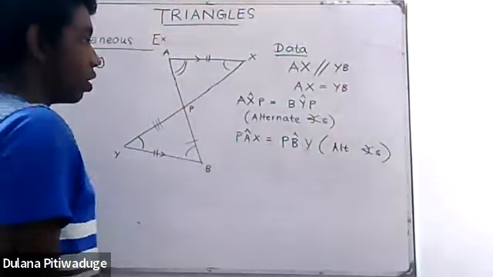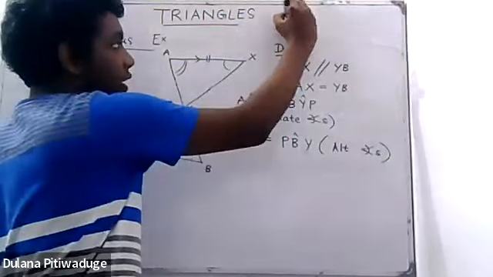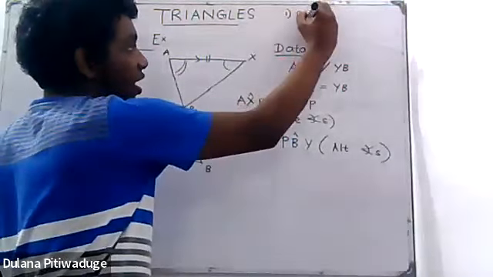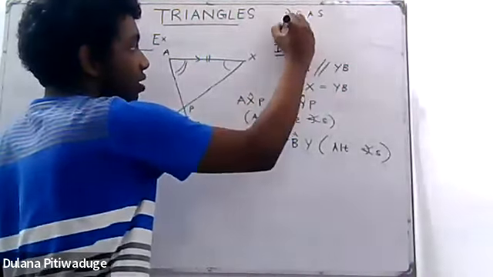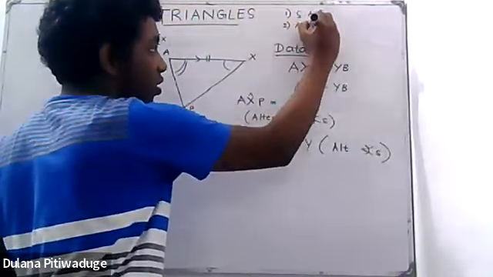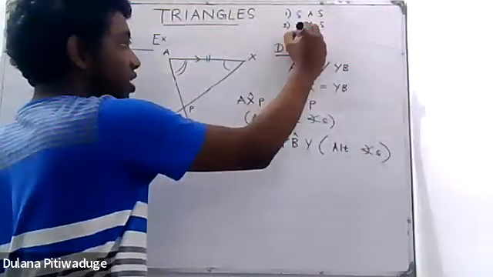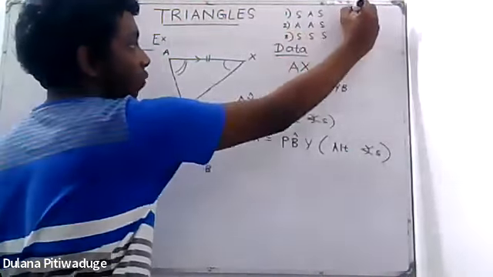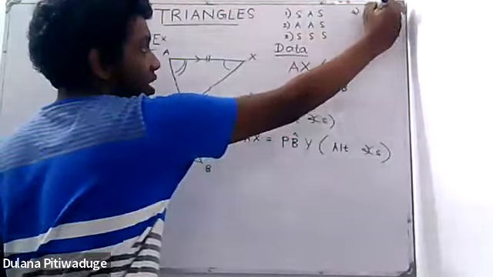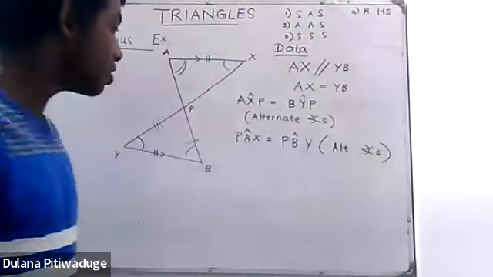Now, using the four cases, what are the four cases? The first case is SAS, the next is AAS, two angles and a corresponding side. The third is three sides, SSS, and the fourth is RHS, which is a special condition only for right angle triangles.